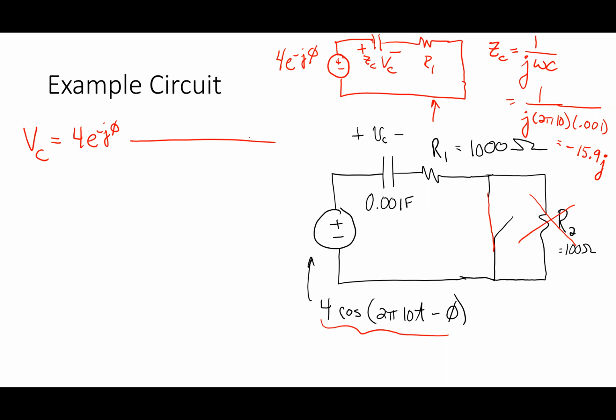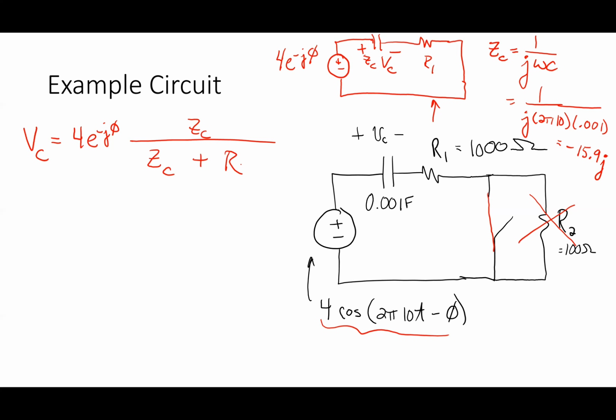I'm trying to find the voltage across the capacitor, so what goes on top and what goes on bottom? The impedance of the capacitor over the impedance of the capacitor plus the resistor. Like that.